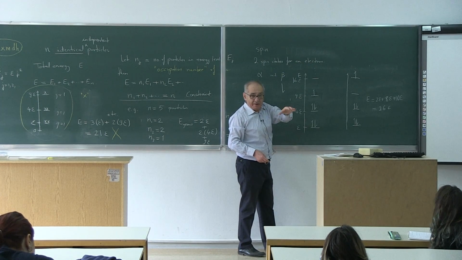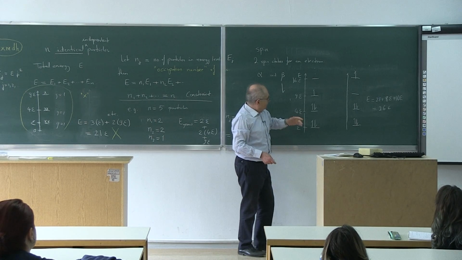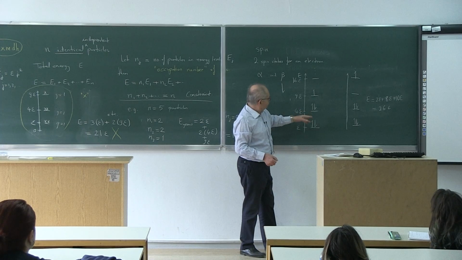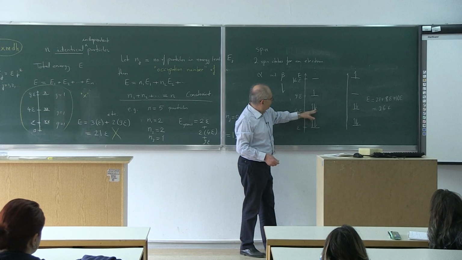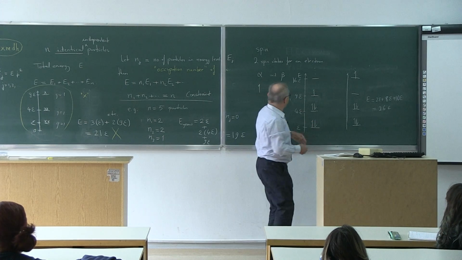All of these are possible, and they are allowed by the Pauli exclusion principle. For example, if we had excited from this level to that level, what would have happened?